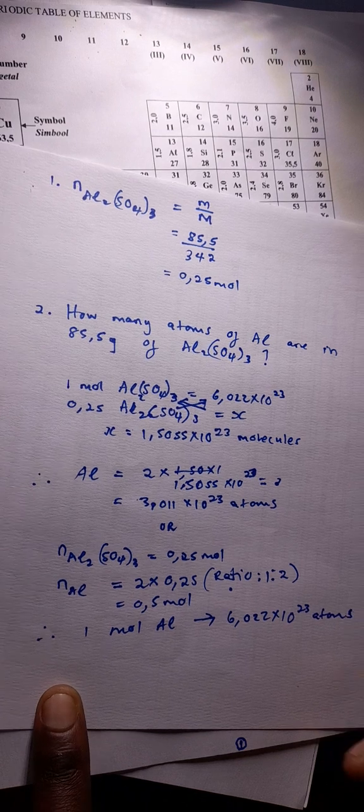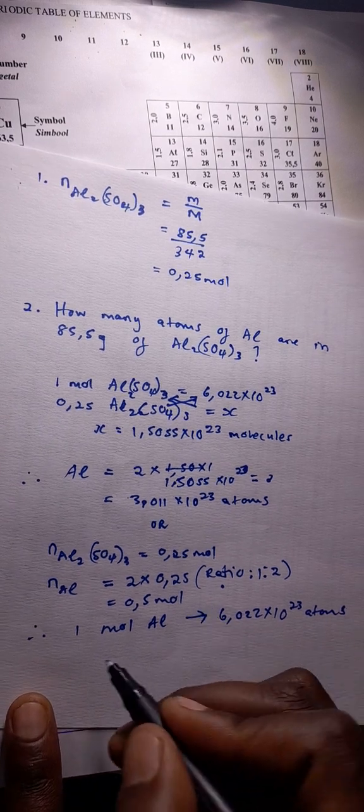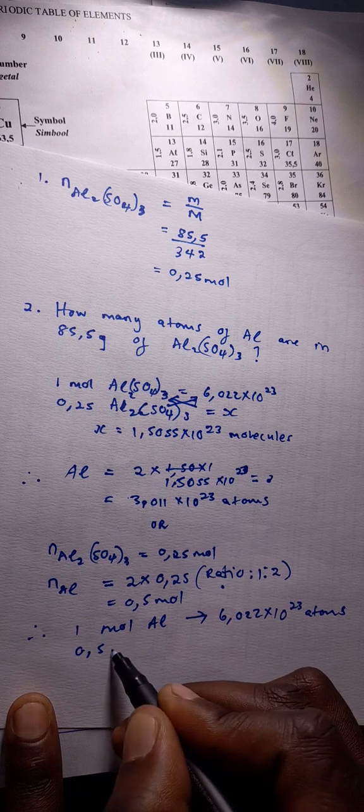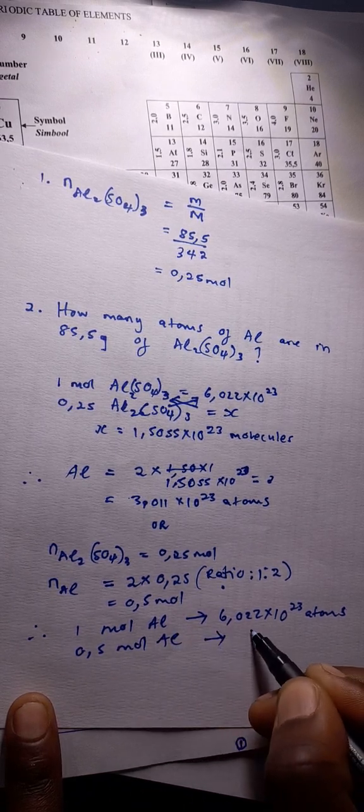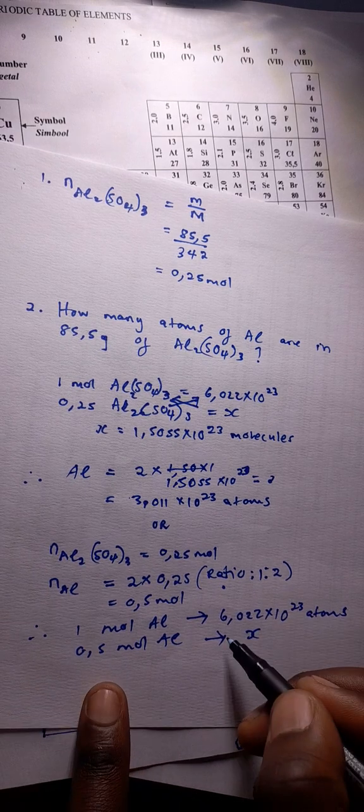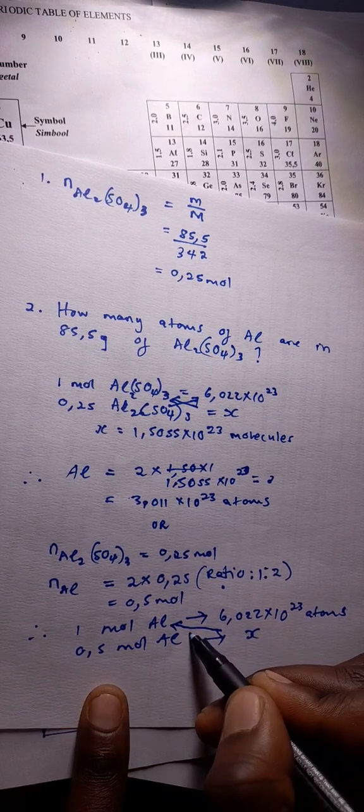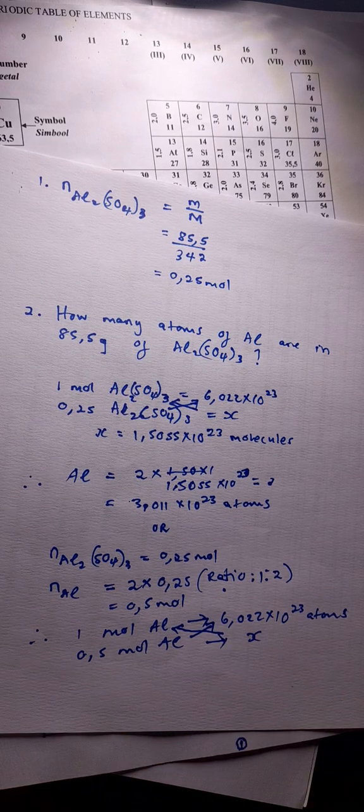What about 0.5 mole? How many atoms will it give us? That's when you cross multiply. So it's going to be 6.022 multiplied by 0.5, or the half of 6.022 times 10 to exponent 23.